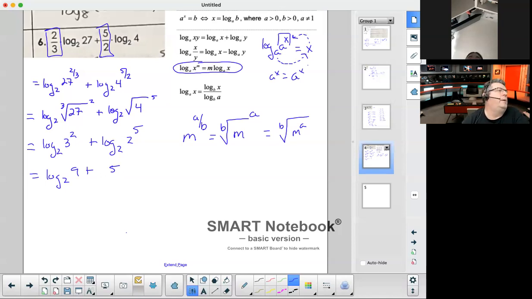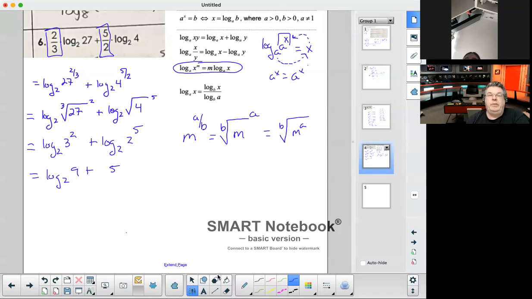Did you copy this down from your teacher's notes? No, this is homework that I did on my own. Okay, so right now there's nothing further you could do to simplify this, right?